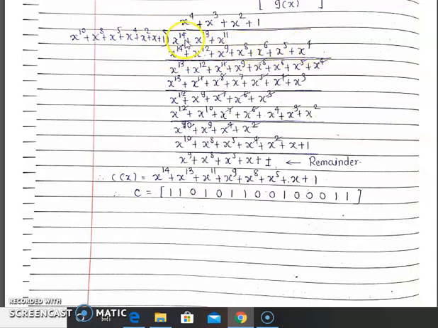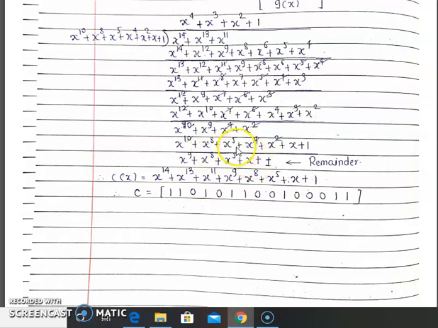Again the 14 and 14 cancel, 1 plus 1 is 0, so we cancel the same terms and write down the remaining. Again here x raised to 13 and here x raised to 10, so again we require x raised to 3. Likewise, we follow the polynomial division method and find the remainder.